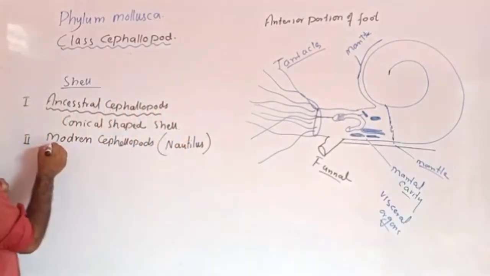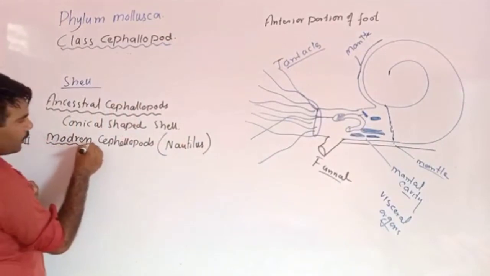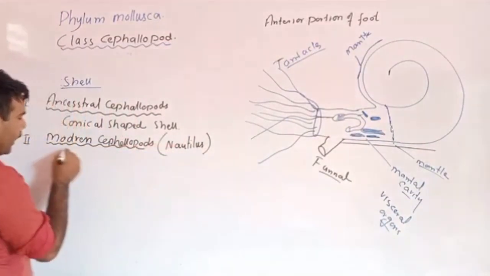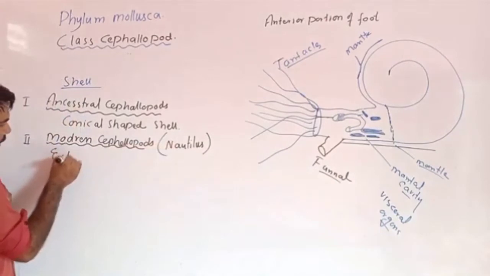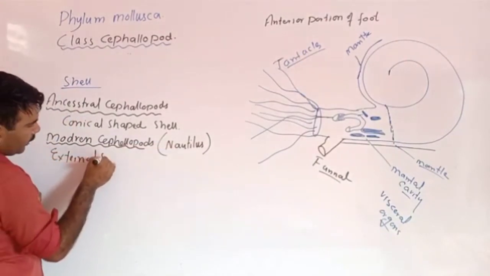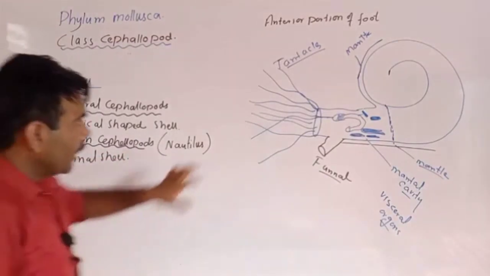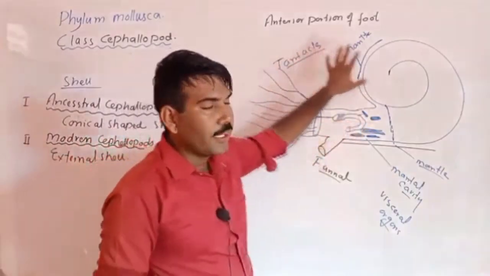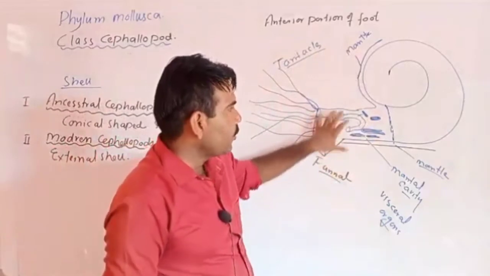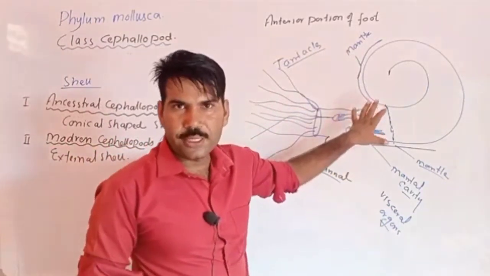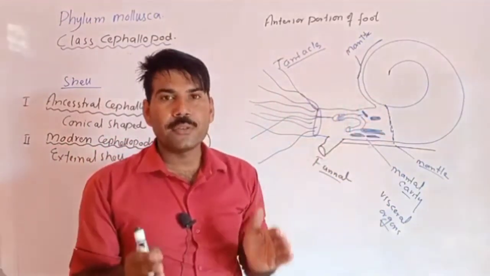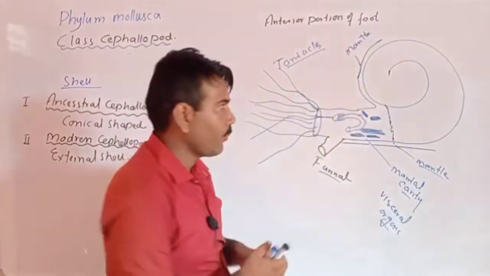So this modern cephalopod such as Nautilus has an external shell. How is the external shell present? This is the diagram of Nautilus, and we are going to discuss how the external shell is present and how the portion of this shell is present in the Nautilus.